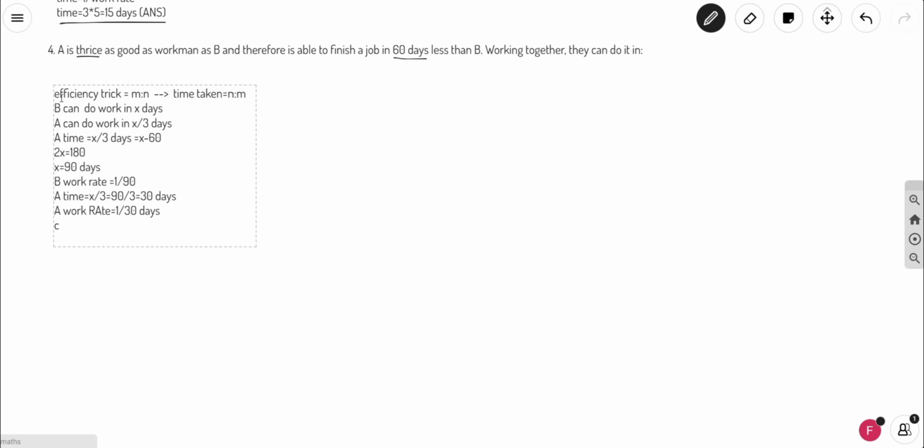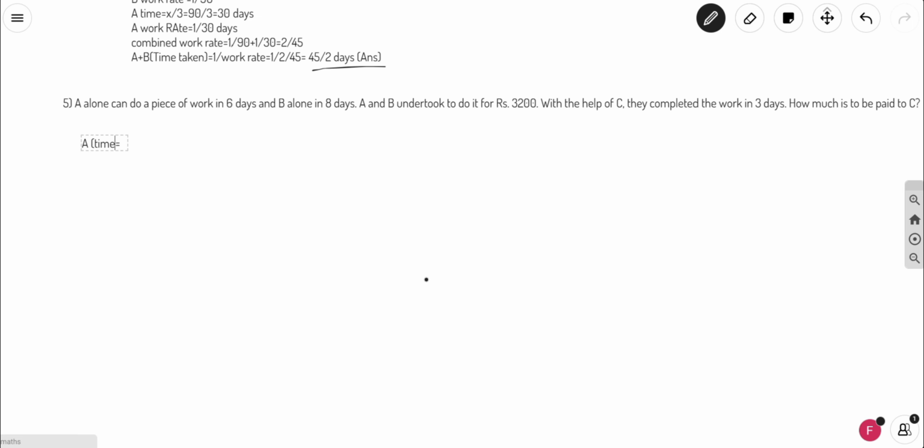So the time taken for A plus B is 1 upon the work rate, which is 45 by 2 days. That is the answer. They can do it in 45 by 2 days.